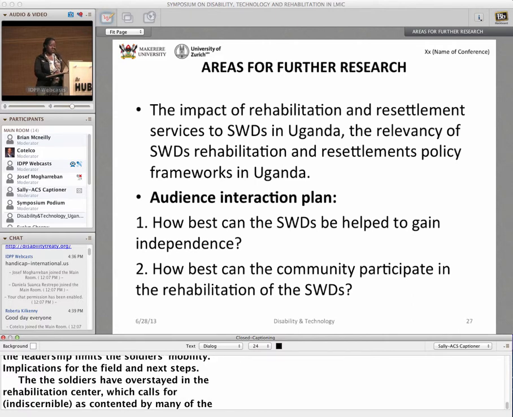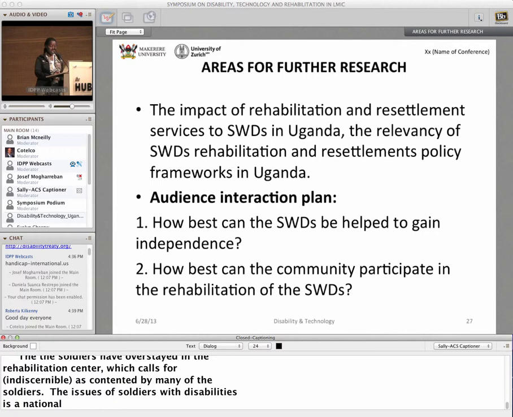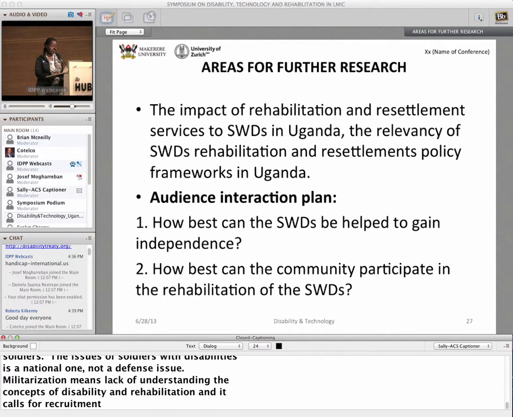The issues of soldiers with disabilities is a national one, not merely a Ministry of Defense issue. Militarization of the rehabilitation means lack of understanding of the concepts of disability and rehabilitation, and it calls for recruitment of trained staff.